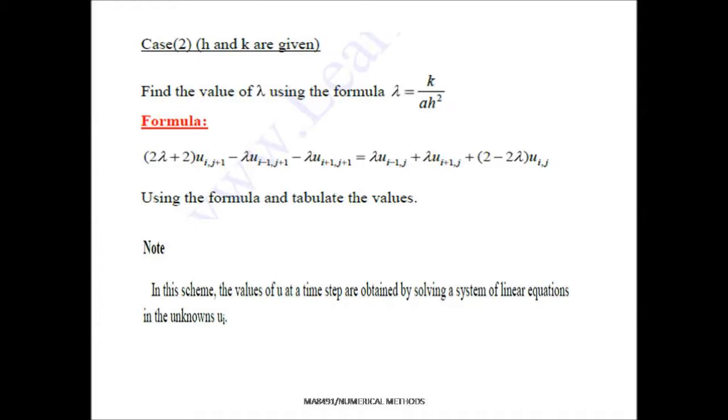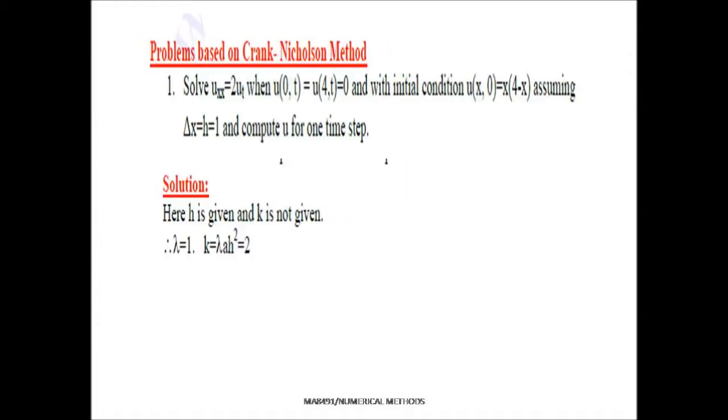Now let's see a problem based on this type. Now observe this problem. They have given the question as: solve u x x equal to 2 u t, when u of 0 comma t equal to u of 4 comma t equal to 0, with the initial condition u of x comma 0 equal to x into 4 minus x, assuming delta x equal to h equal to 1, and compute u for one time step.